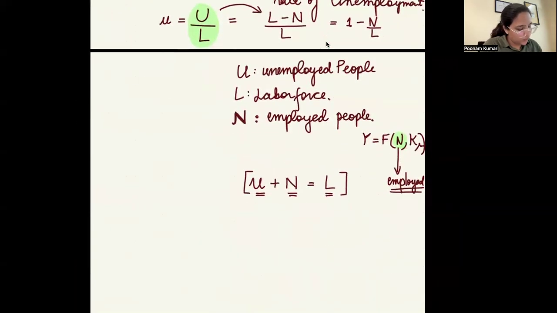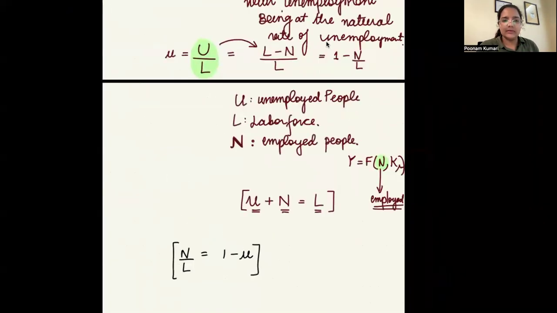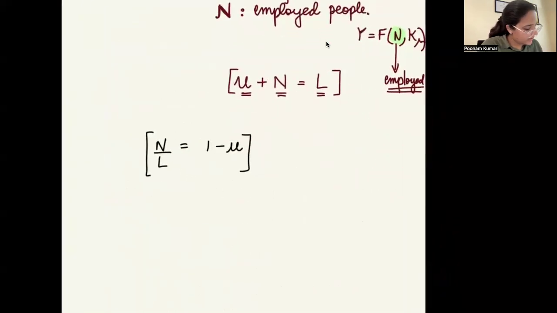If I do this, N divided by L is equal to 1 minus U. I brought this on the left side and this on the right side, and we got this. So what is N?